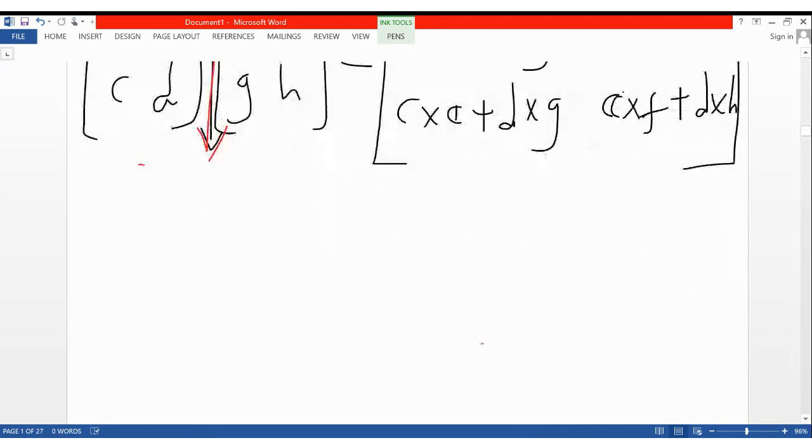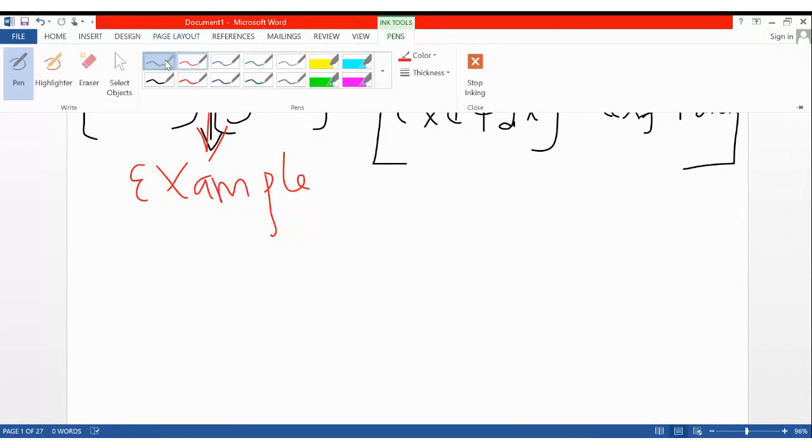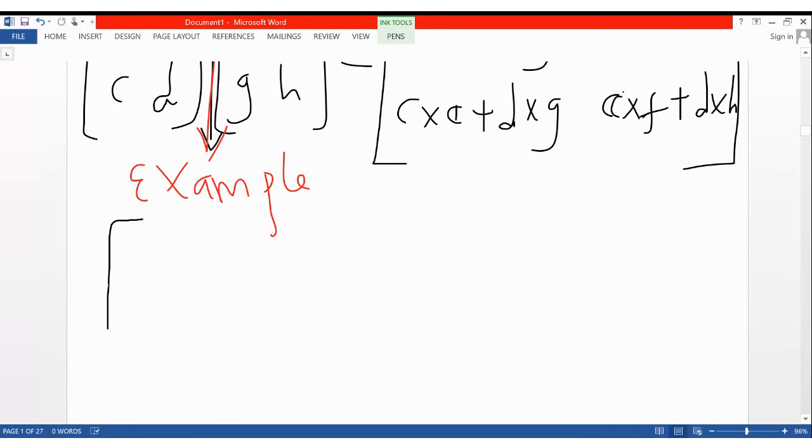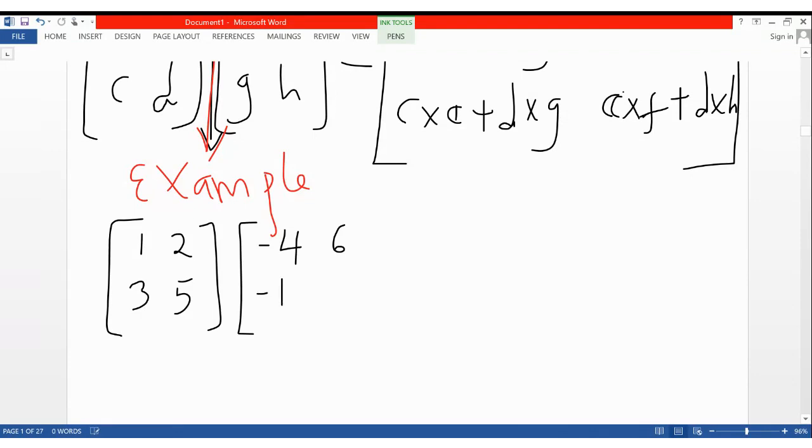Start with a simple one, a 2 by 2. We'll have 1, 2, and 3, 5, and negative 4, 6, negative 1. Let's try that one.